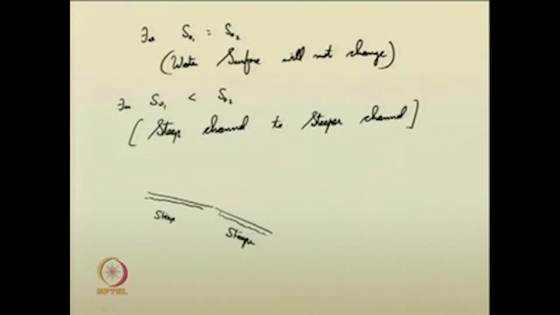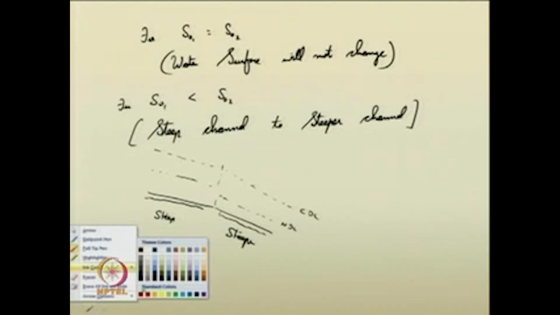You have these things, your normal depth line here is like this, and here the normal depth line will be like this. Critical depth lines are the same. In this situation you will see that the flow profile theoretically can be possible.